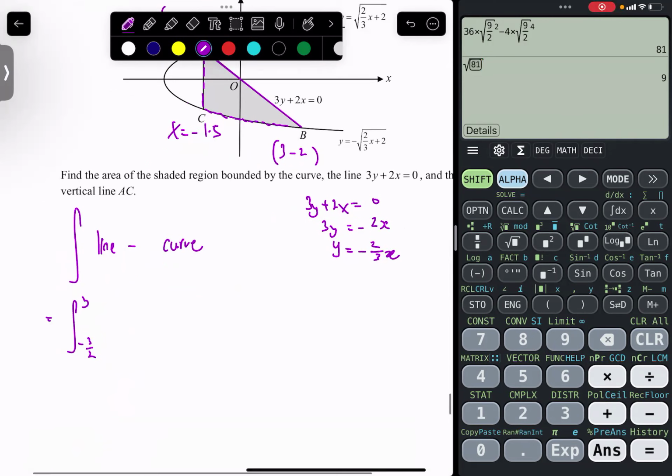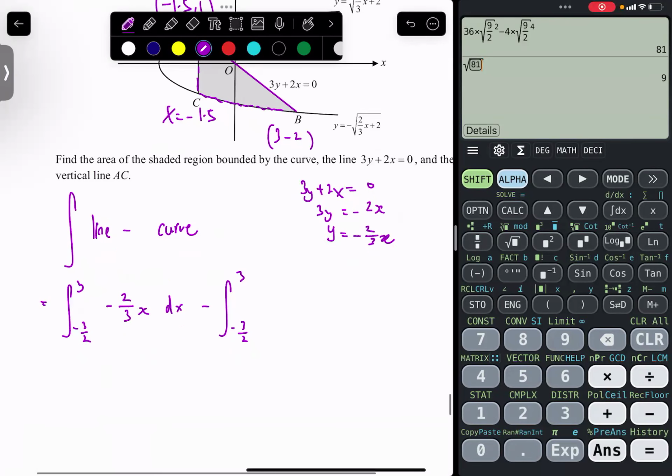So we integrate -2/3 x dx, minus the integral, same limits, -3/2 to 3, of the curve, negative square root of 2/3 x plus 2.